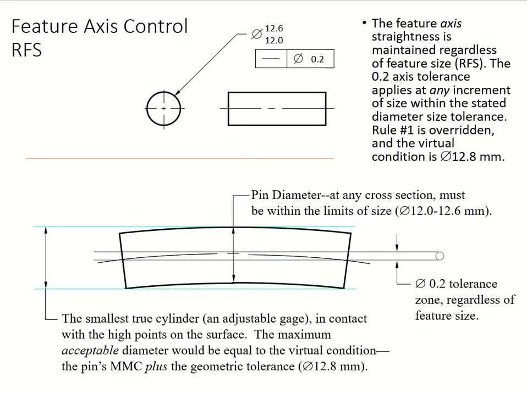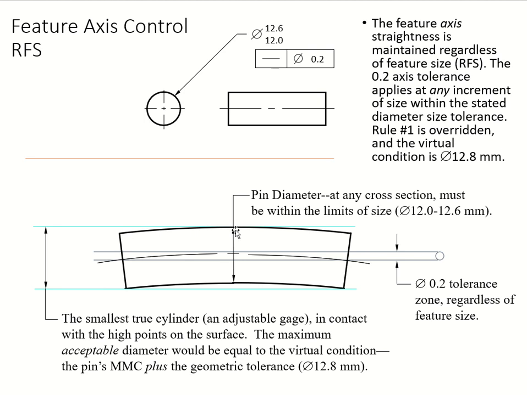Okay, then regardless of feature size, your feature axis straightness, I'm going to maintain that because we're applying it to the feature of size here with your geometric tolerance in this example. And here is your 0.2 geometric tolerance right in there, regardless of your feature size, it just stays there. And then we have our smallest true cylinder in contact with the high points of the surface, which is coming out from this range.